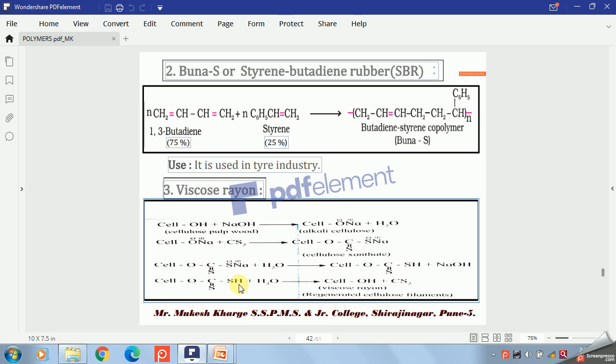Then this hydrogen goes here and gives OH.